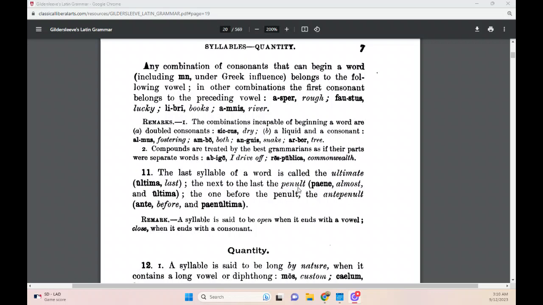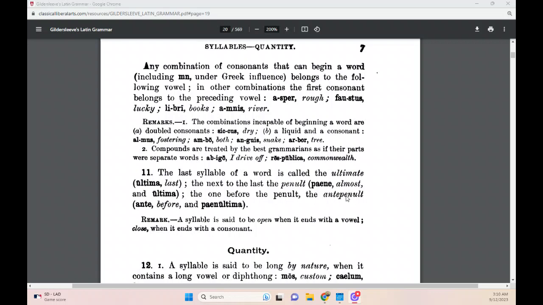Penult, pene ultima, near or almost to the ultima, to the last. And then the syllable that's one before that, the next to last, the one before the penult, is called the antepenult.